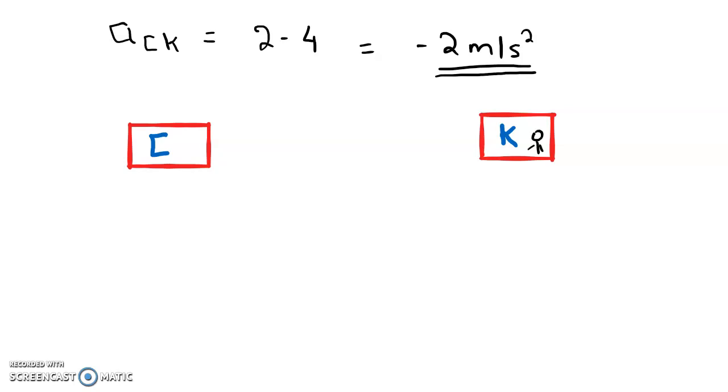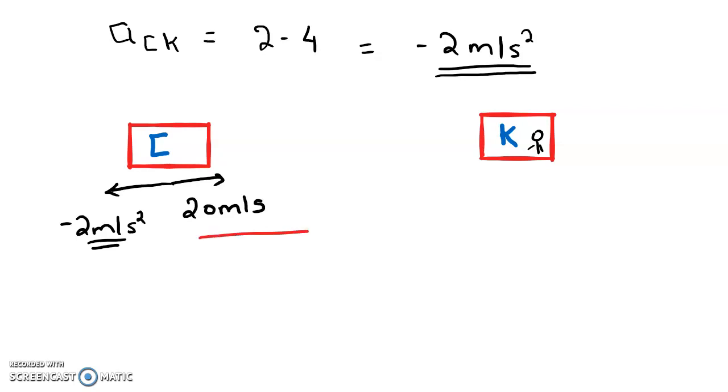The car is moving with a velocity of 20 meter per second, but the acceleration is in the negative direction, negative 2 meter per second square. So whether it would be able to catch the cart or not.